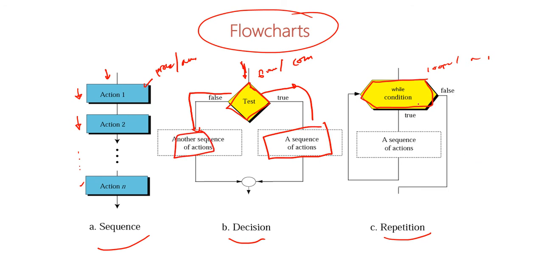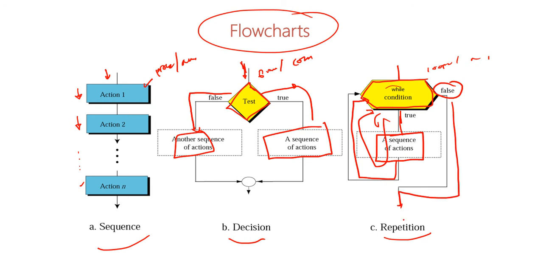For the repetition, it will do the process repeatedly until the condition becomes false. So here, we check the condition first. If it's true, then do the process or sequence of actions, and then check again. If it is still true, then do the action again, repeating until the condition becomes false, and we exit from the repetition.